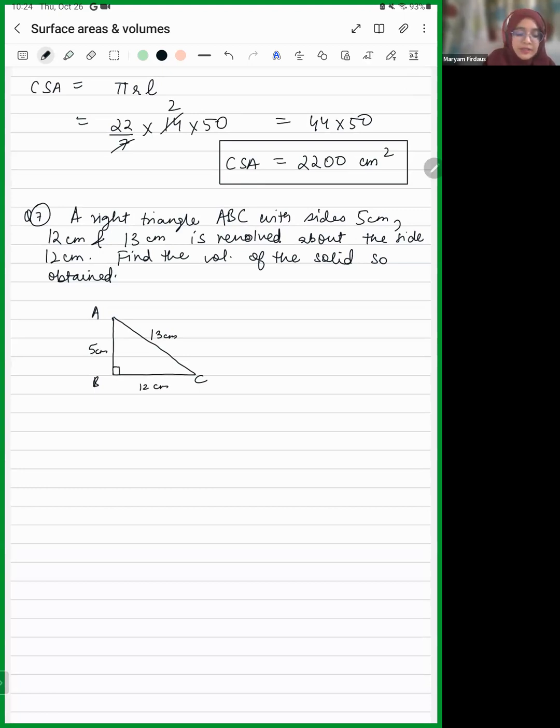You can revolve it like this, and it will become a cone like this. Or you can revolve it about this side, and it will become a cone like this. Getting the two differences? If it is being revolved about the 12 centimeter side, then it will make a cone in this way.